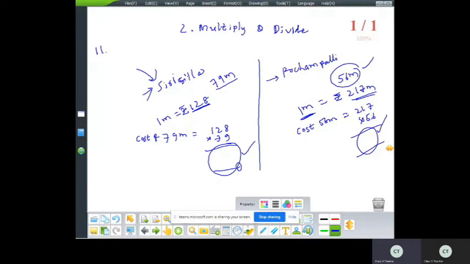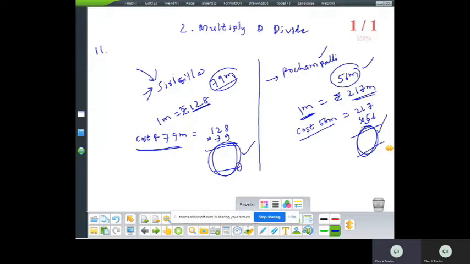Here, the total cloth is 79 meters. The cost of 79 meters of Sicilla cloth is 128 into 79. And the cost of 56 meters of Pochampalli cloth is 217 into 56. We get the answer. The total amount of Pochampalli and the total amount of Sicilla.